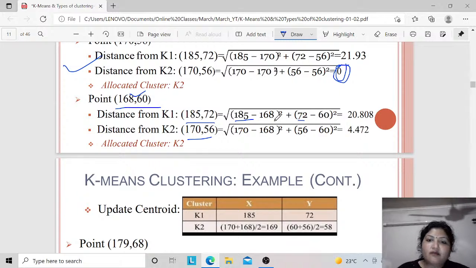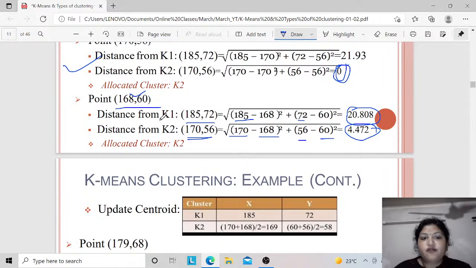Then perform the calculation and you will get 20.808. Same step for centroid 2: 168 is your data point and this would be your centroid, so 170 minus 168 and 56 minus 60, right? So we take out both the distances using the Euclidean distance method.